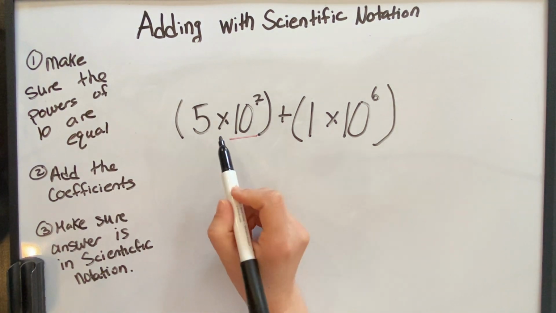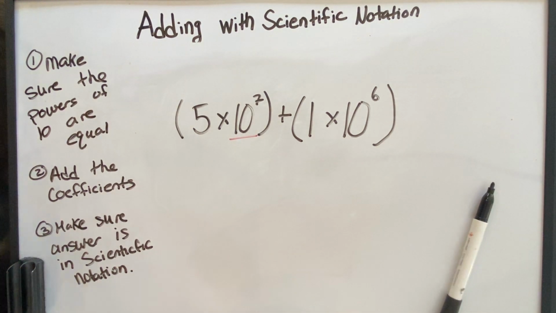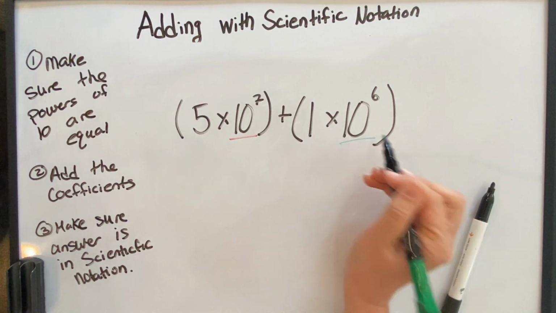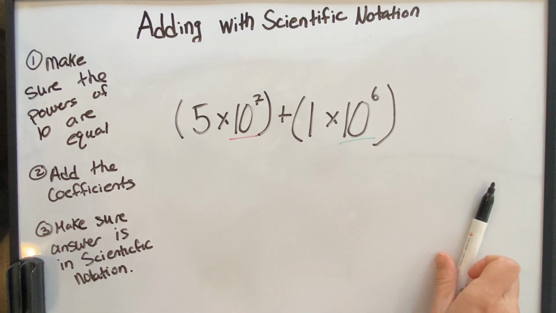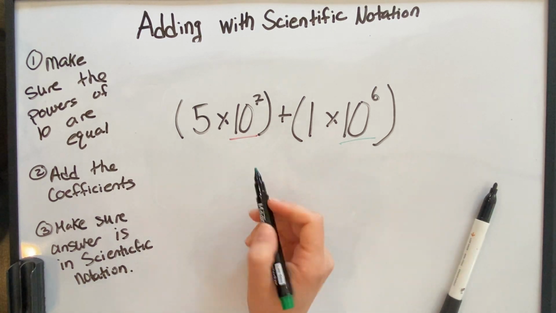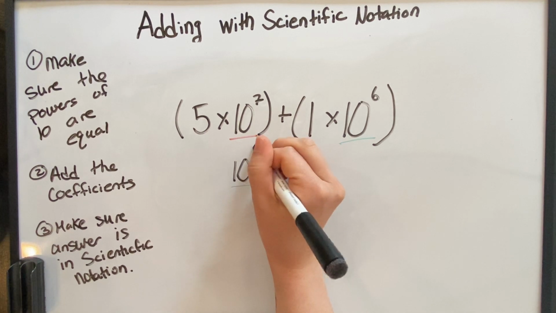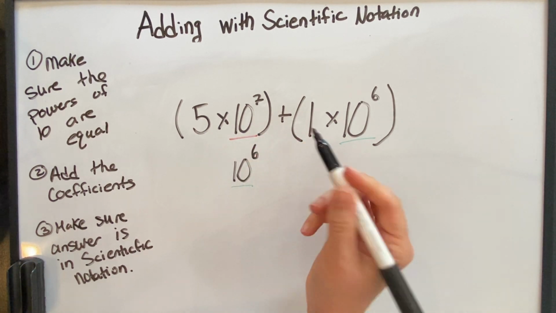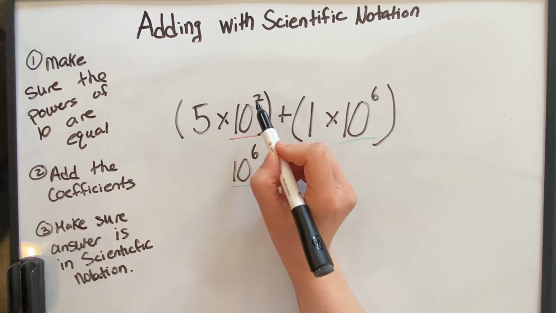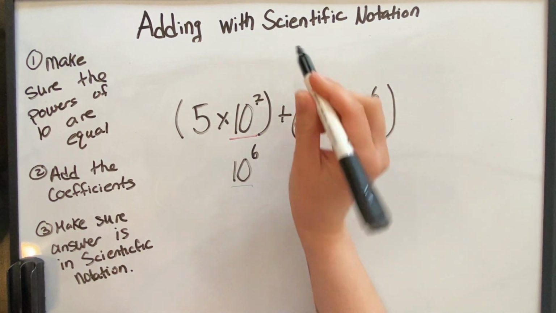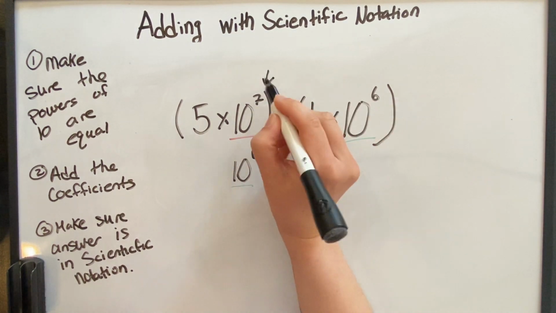So here we want my power of 10 to be 10 raised to the sixth power. That's what we're going to convert it to. So over here, I'm going to convert it. I'm going to want it to be 10 raised to the sixth power, right? So my original exponent was 7. Now we're going to 6. So we are decreasing by 1.